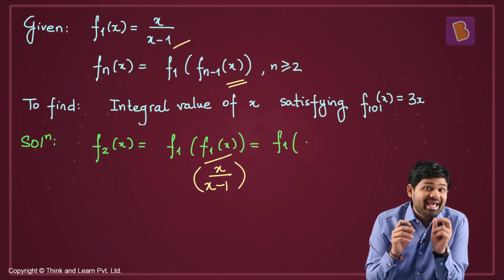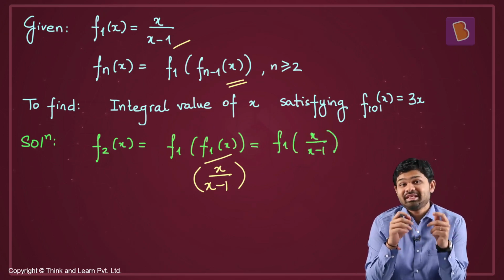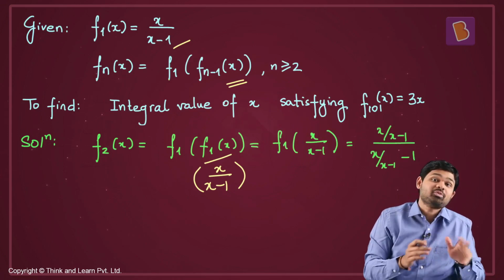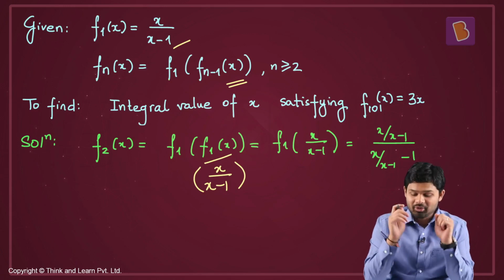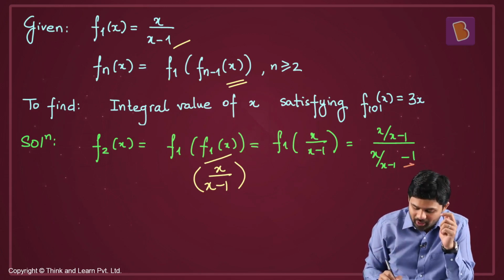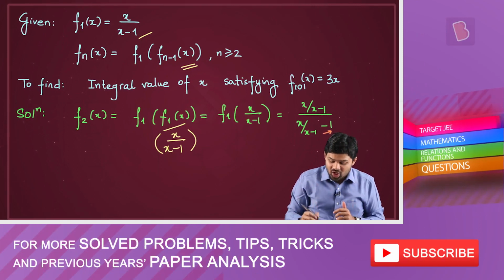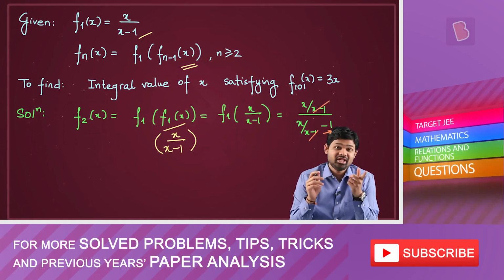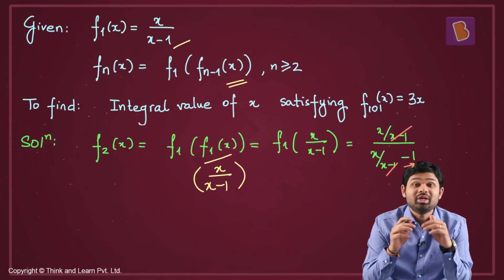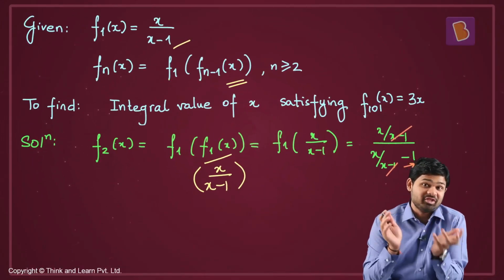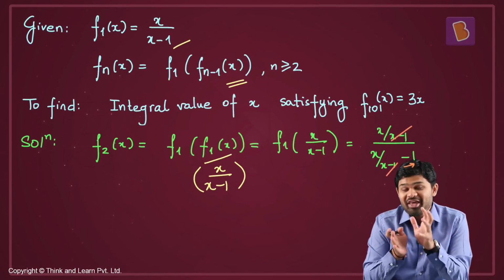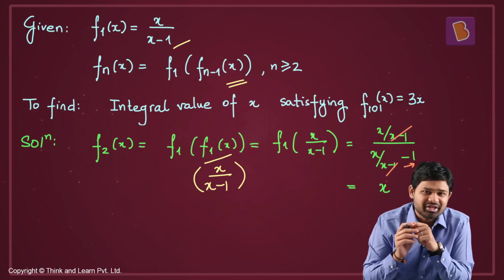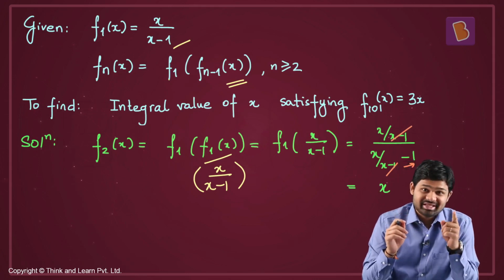So f1 of x divided by x minus 1 will be nothing but x by x minus 1 divided by x by x minus 1 minus 1. Now I'm going to simplify this. If you take a common denominator in the denominator, you will find out that the x minus 1s will cancel out, and there is an x in the numerator, and in the denominator you will have x minus x plus 1, which will be just 1. So f1 of f1 of x is x. This seems to be quite interesting. So f2 of x is x.